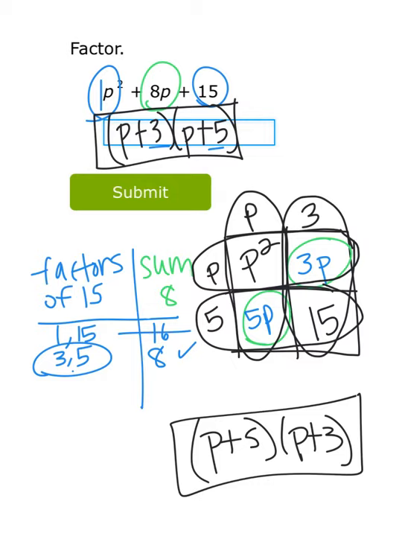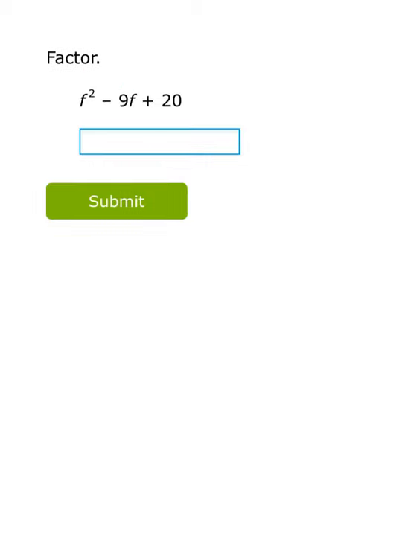We're going to do another example. Now we're moving to a problem where we have a negative and a positive. So let's look at this example. I need to find the two factors of f squared minus 9f plus 20. First thing, I'm going to draw a box again.